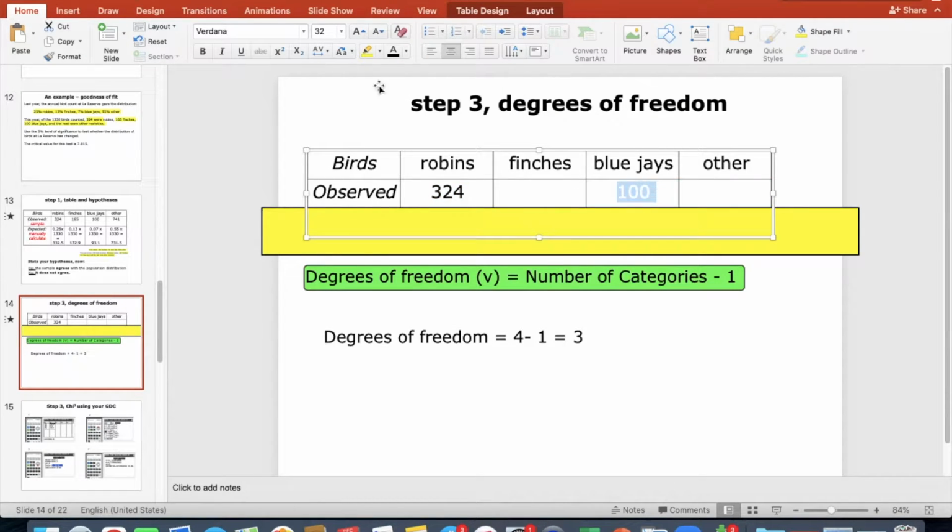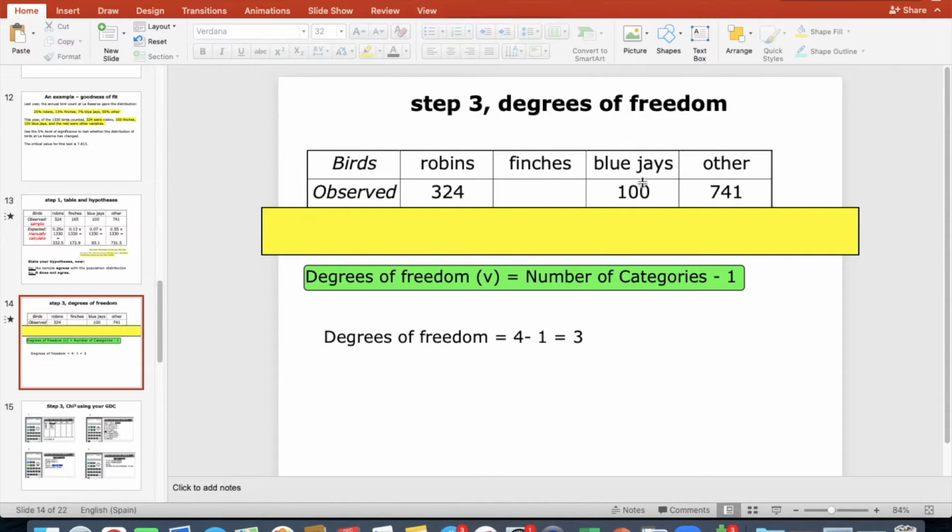If we decide this could be 100, that's 2 degrees of freedom. And then we've got a choice of what this could be. This could be anything, as long as the maximum doesn't exceed the given maximum in the question. So if we say this is 741, then this must be 165. This is why we have 3 degrees of freedom, because there are 3 decisions that must be made before we can work out how to fill out the complete table.